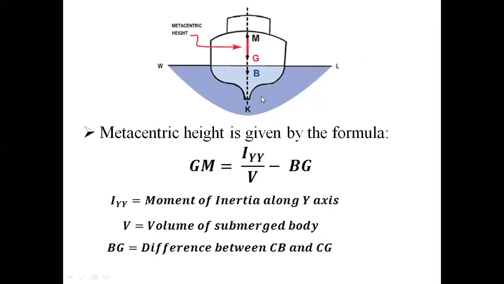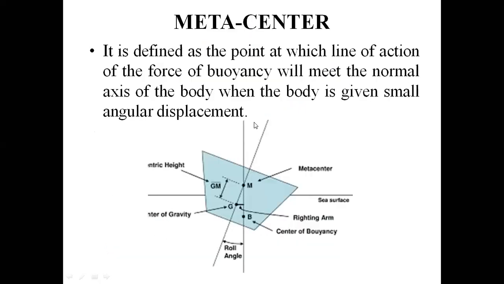As I said, the metacenter is an intersection point with respect to the normal axis. This is the normal axis, which is an inclined one, and it is the point of intersection of the normal axis and the center of buoyancy, which is traced back. When a body is given an angular displacement, the CG is going to remain at the same point. The only changing point is the center of buoyancy.